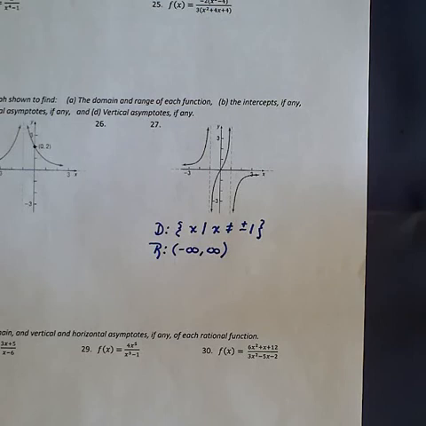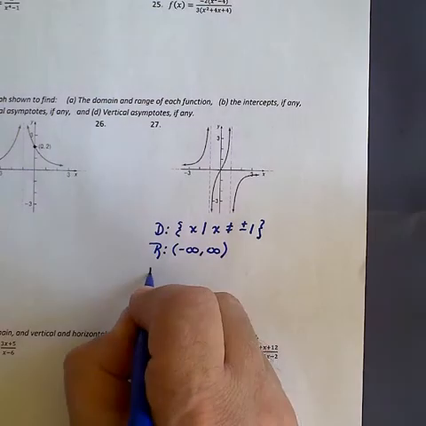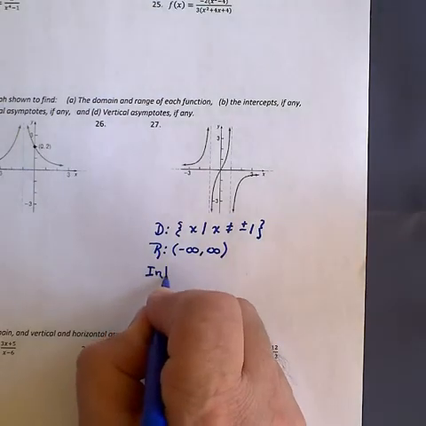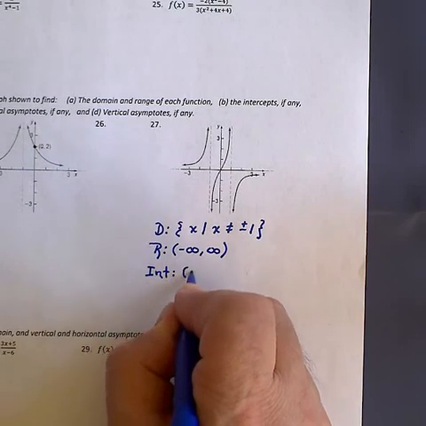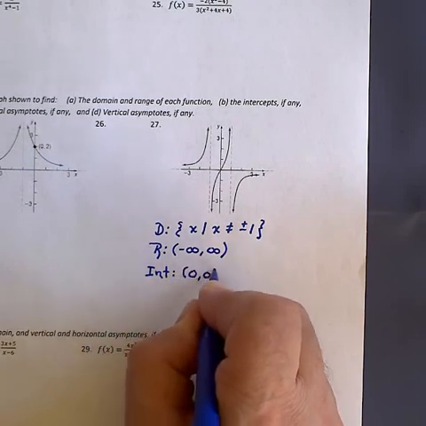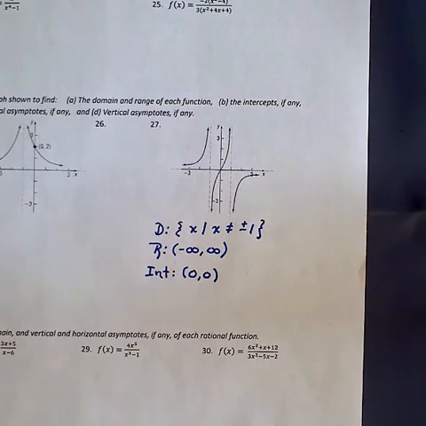Okay, intercepts. Again, remember, those are places where the graph crosses either the x or the y-axis. Because of the asymptotes on those outside pieces, there aren't any, but there's one in the middle. In the middle, I have an intercept at 0, 0. Okay, and then horizontal and vertical asymptotes.